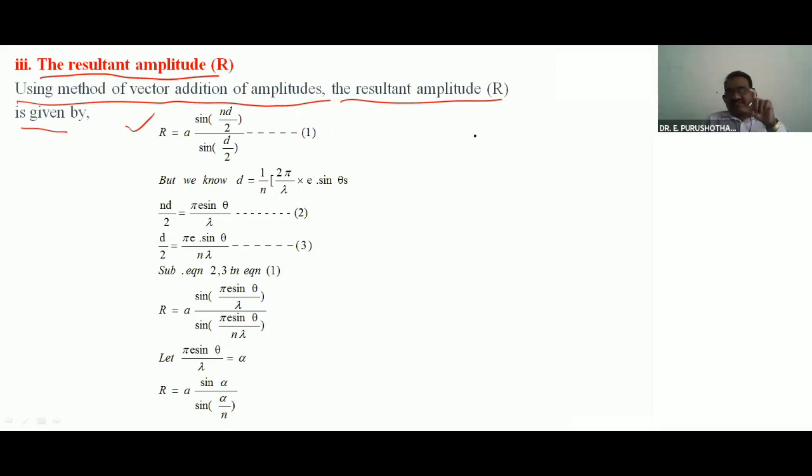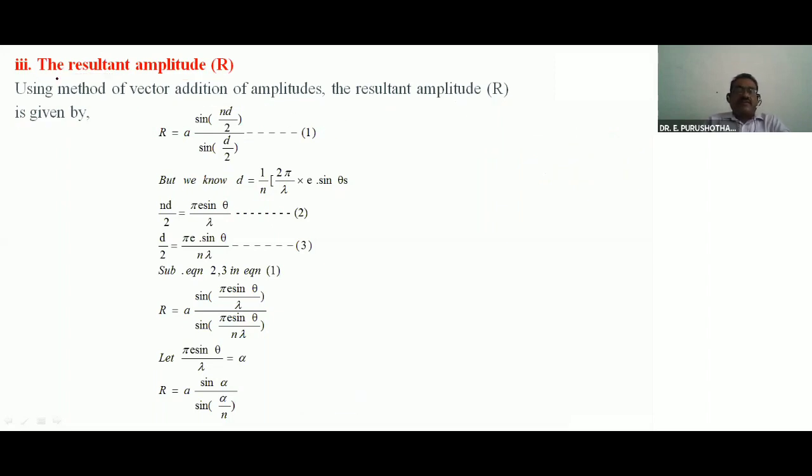You observe in your syllabus, Fraunhofer diffraction at single slit, at double slit, at n slits, all are qualitative, not quantitative. So we take direct principles, that is qualitative. The proof of this principle runs up to 3 pages, so we are taking the result directly.